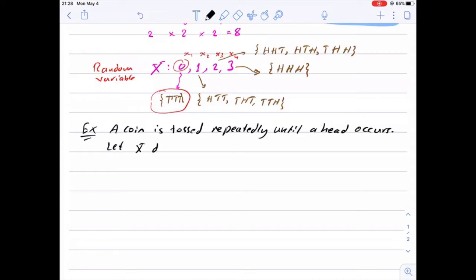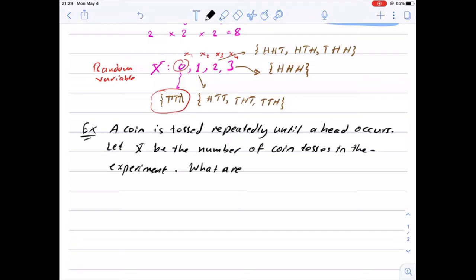Let X be the number of coin tosses in the experiment. The question is, what are the values of the random variable X?